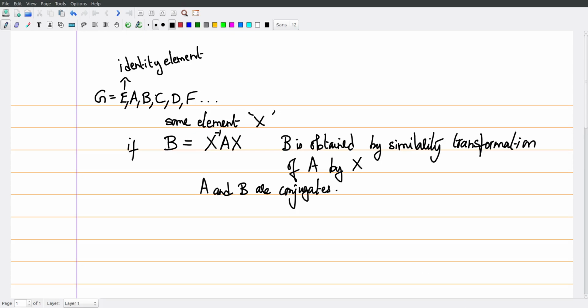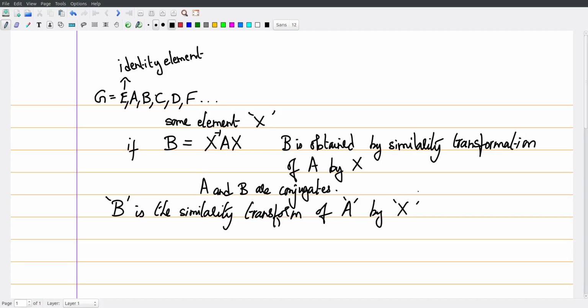Now there are certain rules which we have to remember to understand what these conjugates are. We can also say that B is the similarity transform of A by element X. So this is also equally valid as the above, right?